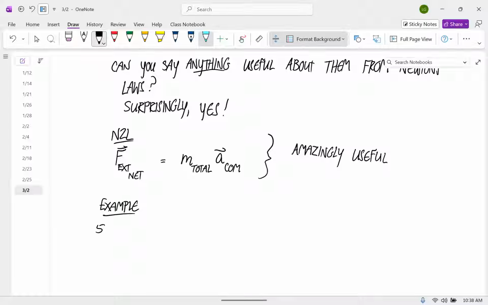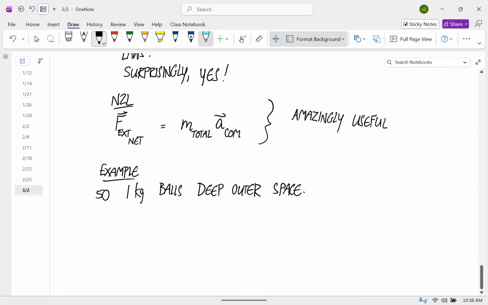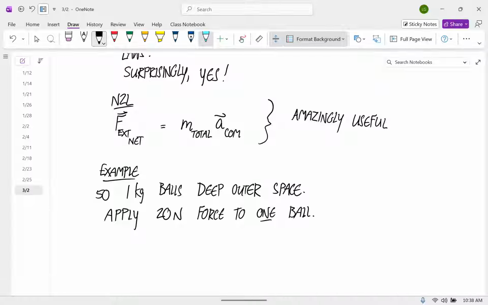So let's say that there are 50 1-kilogram balls deep in outer space. So there's no gravity or anything. And let's say that you apply a 20 Newton force to one ball. What's the acceleration?